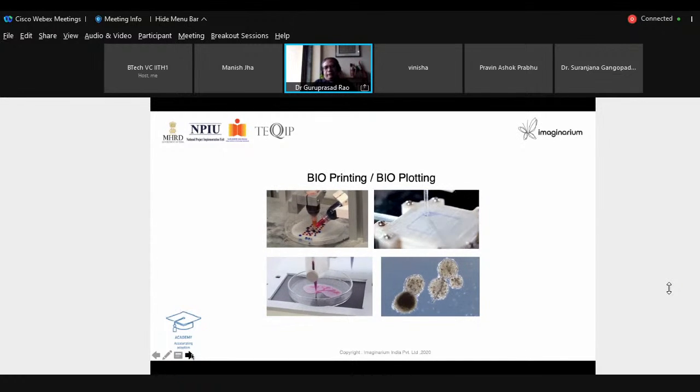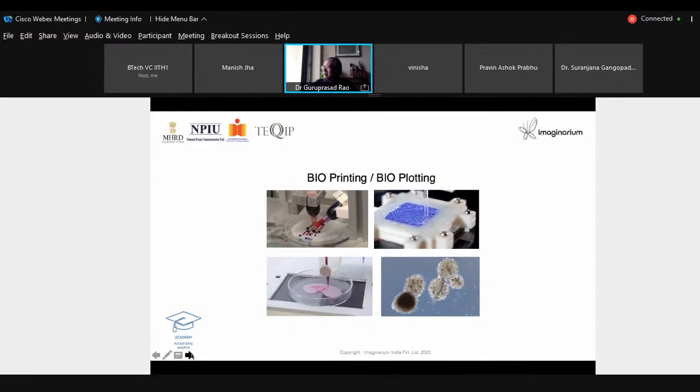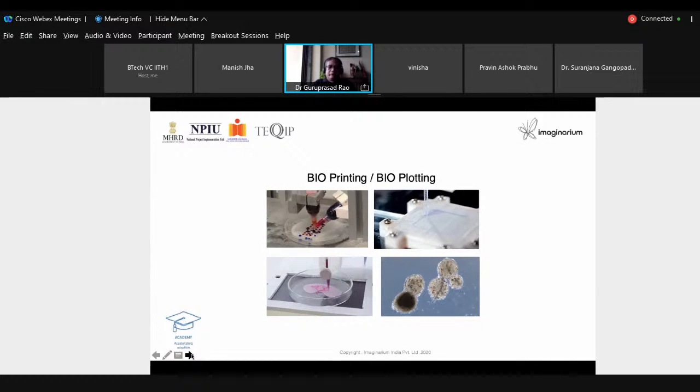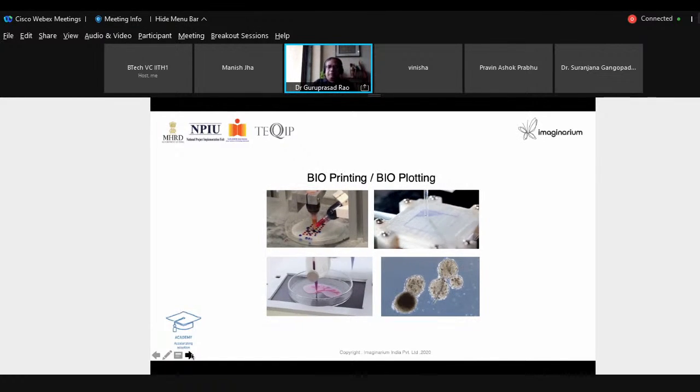Probably one day we will be able to do some tissues and organs which will function. But at a basic level, what they've done is some cells which are mimicking some function, like the organoids you see in the bottom right hand. These are twitching cells, and are actually built on a cell culture which is 3D printed.